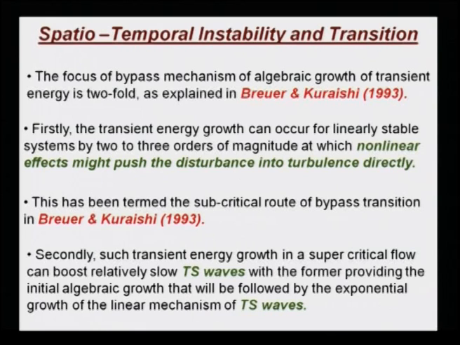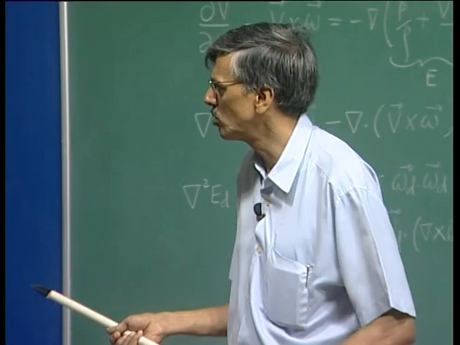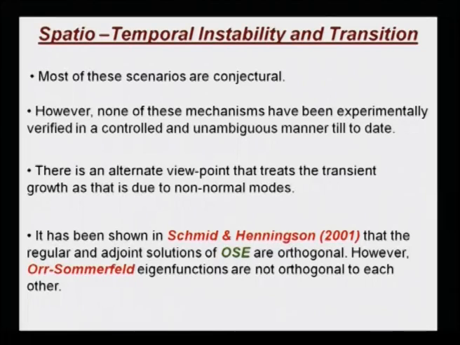See, these are all very conjectural. These have not been verified experimentally by a controlled experiment in an unambiguous manner. However, there is an alternative viewpoint that treats the transient growth as due to non-normal modes.